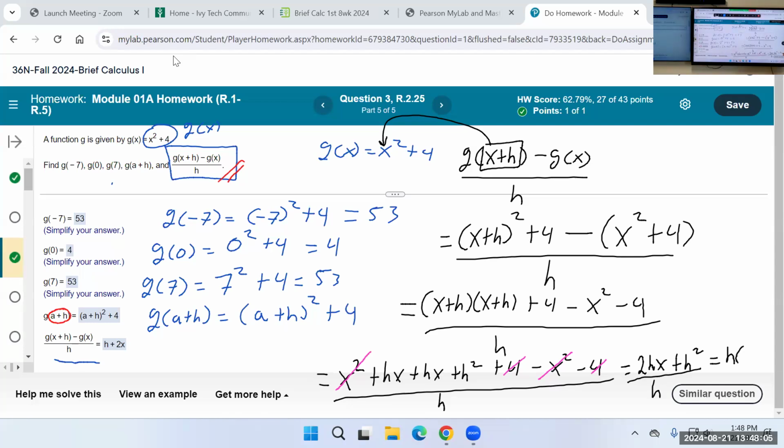So h times (2x plus h) over h, and that reduces. So I'm left with 2x plus h. Okay. So that is the difference quotient of this. So my answer was h plus 2x or 2x plus h, an equivalent statement. So you can write it either way.